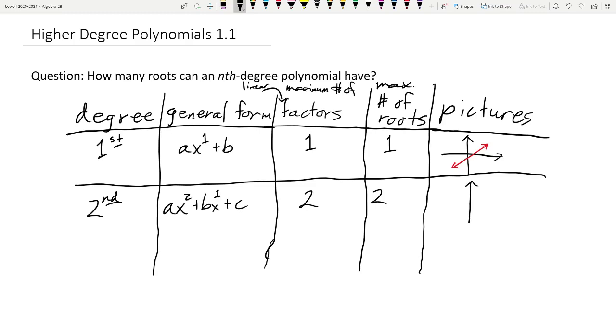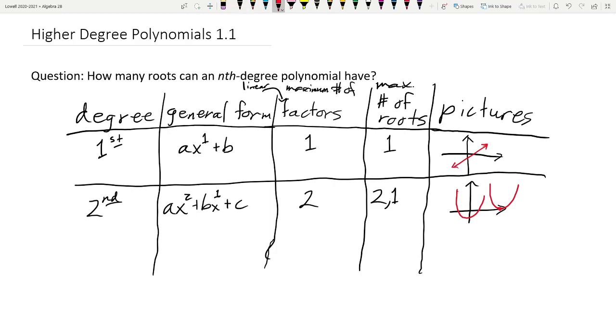And that would look like this. But that's not the only thing that could happen. Remember that if I take a parabola and just scooch it upward, eventually you'll get to this point where it looks like this, where your only x-intercept is also your vertex. So there's also the possibility for only one root.